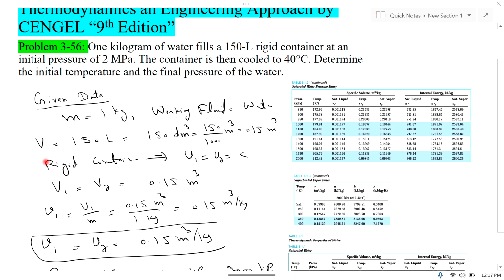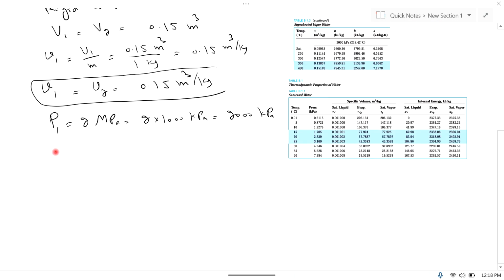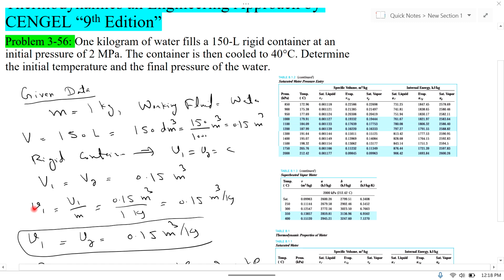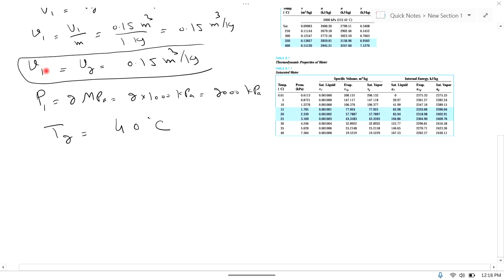The container is then cooled to 40. After cooling means final temperature is 40 degrees centigrade. Determine the initial temperature and the final pressure. Required is to find T1 and to find final pressure P2.